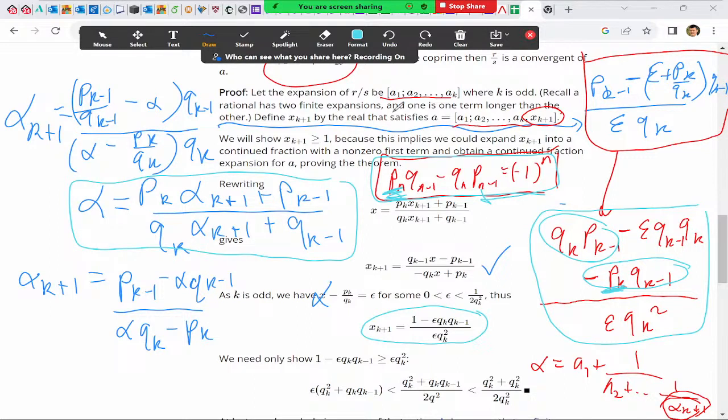Yeah, because qk is equal to qk minus 1 plus something positive. You want this to be less than 1. So epsilon is basically less than 1 over 2. And then you just need qk minus 1. And what did you get with the recurrence relation?